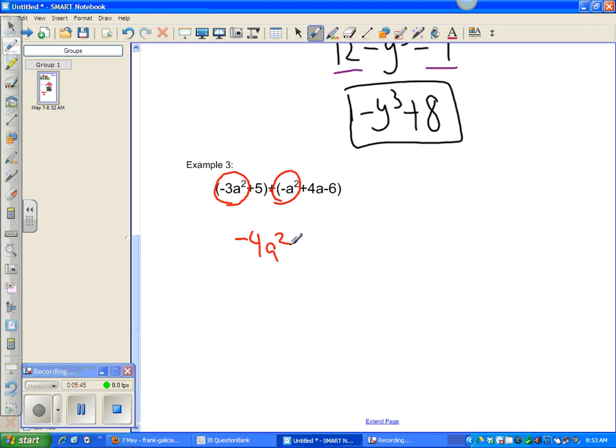We're adding, not multiplying, and that's why we do nothing with the exponent. Do we have anything that can combine with this 4a? No, so we just bring it down, plus 4a. And now I have this number here and this number here, and 5 combined with negative 6 gives me negative 1. So my answer is negative 4a squared plus 4a minus 1.